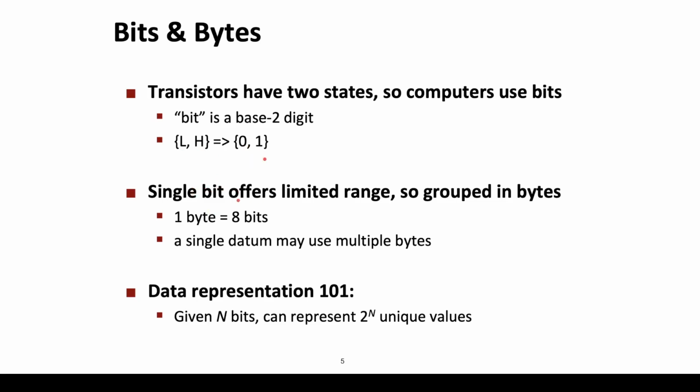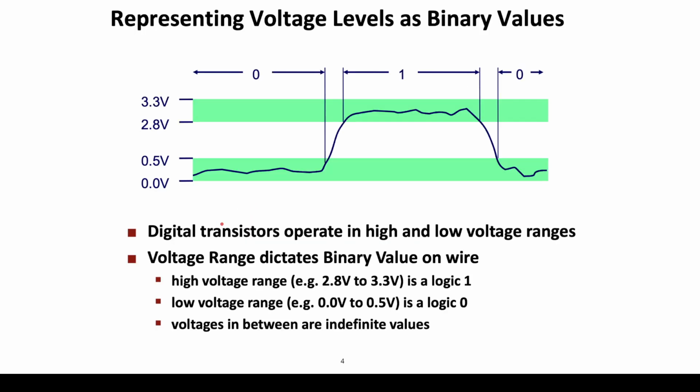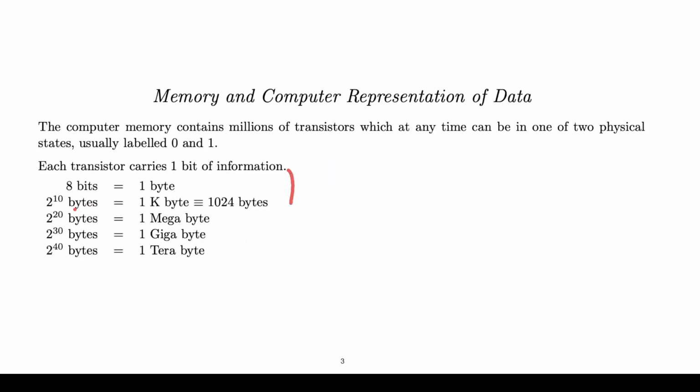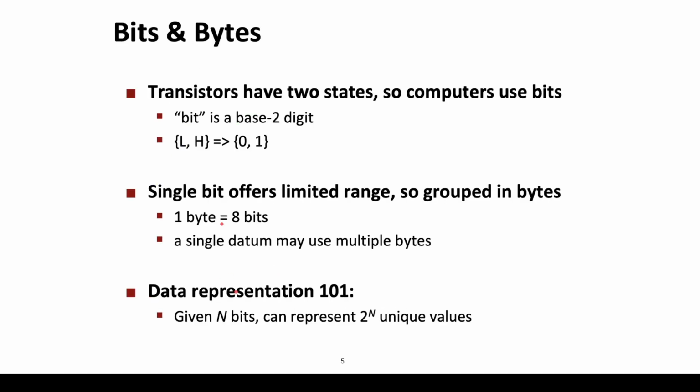Now, since a single bit offers a limited range, it is grouped in bytes. A collection of 8 bits together is termed as 1 byte, and the remaining terms we have discussed already, right? Now, a single datum can definitely use multiple bytes. If n bits are given to us, then we can represent 2 power n distinct values. We'll be talking about this one.